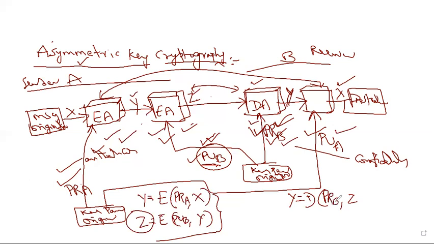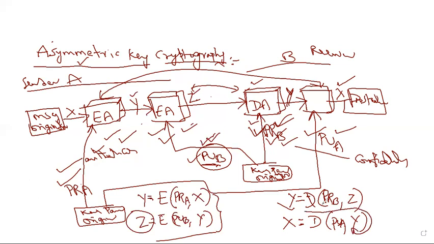Once this operation is performed, then we can restore Y. But finally, his target is to restore X. To restore X, you must conduct one more decryption, but the input is Y, and the key is the sender's public key.